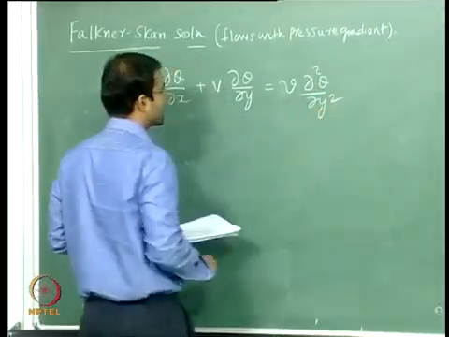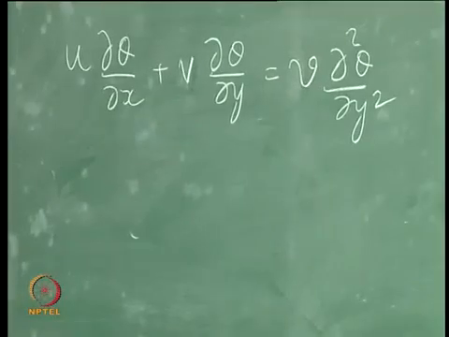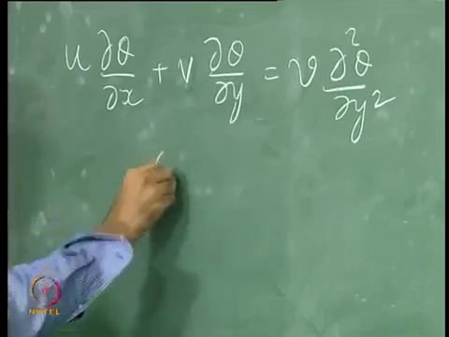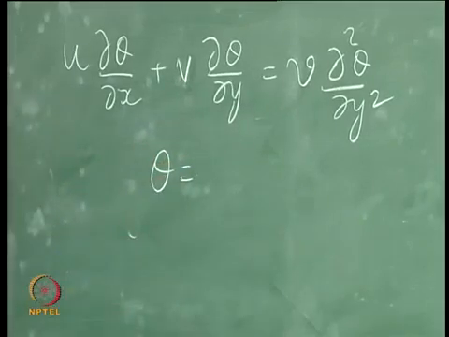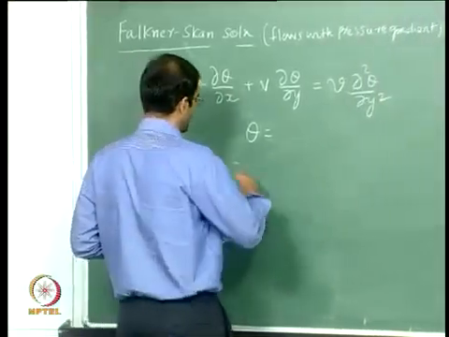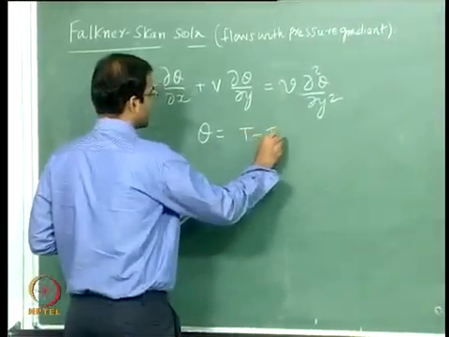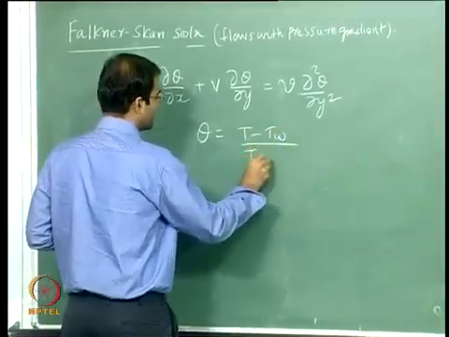So without the viscous dissipation term, this is your energy equation where your theta is defined how? T minus Tw by T infinity minus Tw.